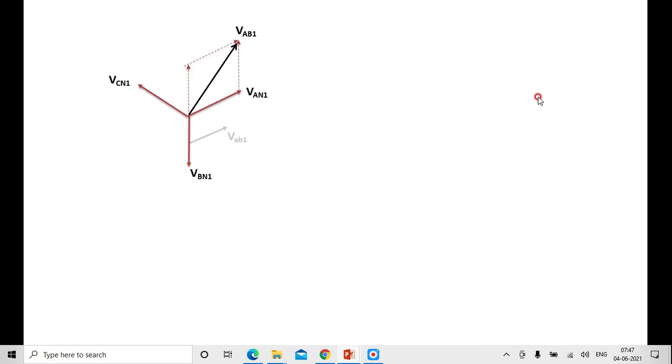Therefore, VAB2 is the line to line negative sequence voltage of the star side. Then lowercase VAB2 is in phase with VAN2. That is the line to line voltage in the delta connection, because VAN2 and VAB2 are in phase, as I showed you. They are parallel.